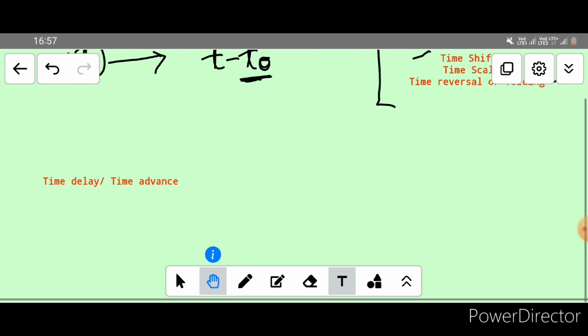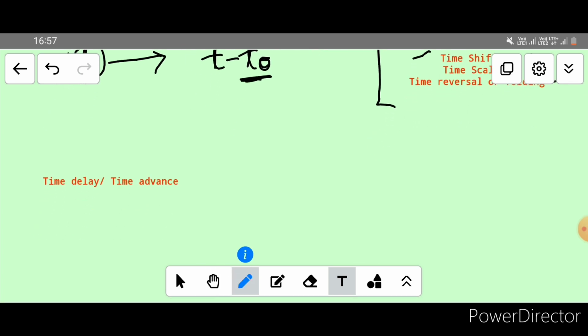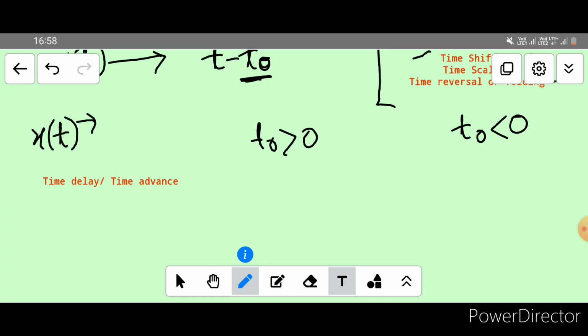Now this t naught can be either greater than 0 or less than 0. So x(t) can be shifted in time domain by an amount t naught, and t naught can be greater than 0 or less than 0.